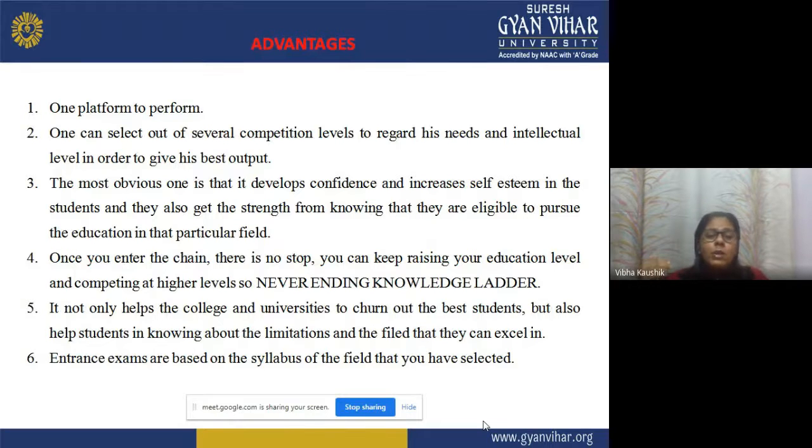They will know that these are my limitations and they can work on these limitations to excel in that particular field. Entrance exams are based on the syllabus of the field that you have selected. Entrance examination has its own syllabus, and you have to prepare for it on the basis of the syllabus prescribed for that particular field.